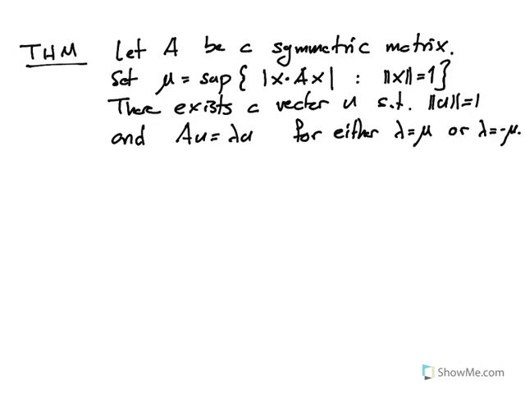So for any symmetric matrix, you can always find one eigenvalue for it. And this is proven in the book. And then the idea is really just to combine this statement with the other ones on the previous slide. And then there is an induction proof by which you can prove the spectral theorem that we started with.